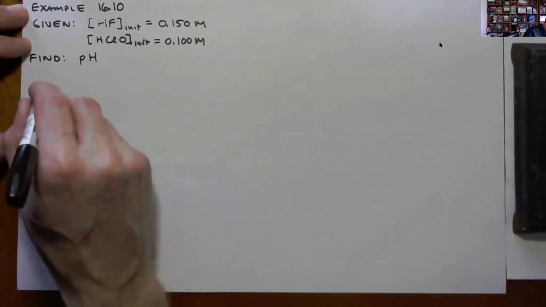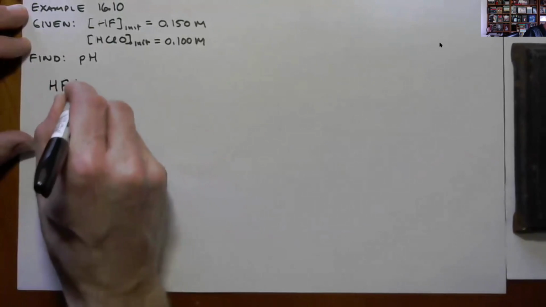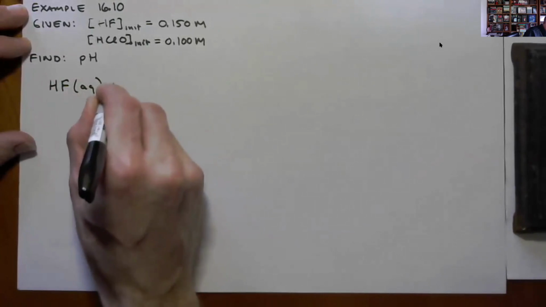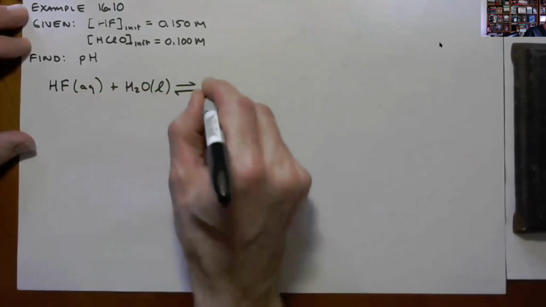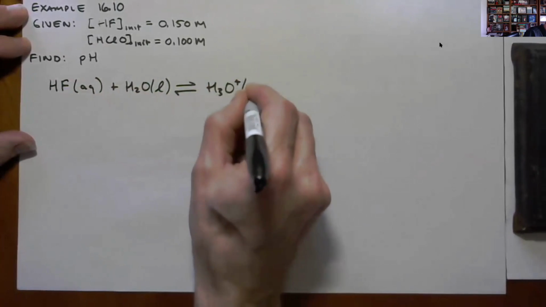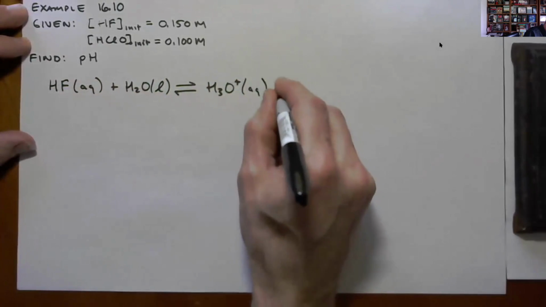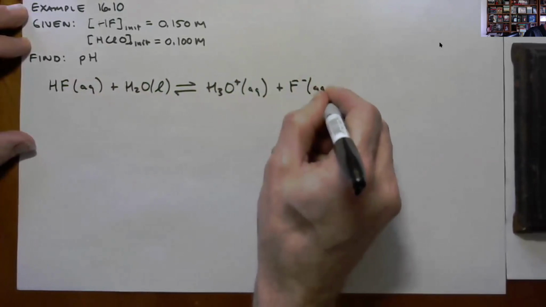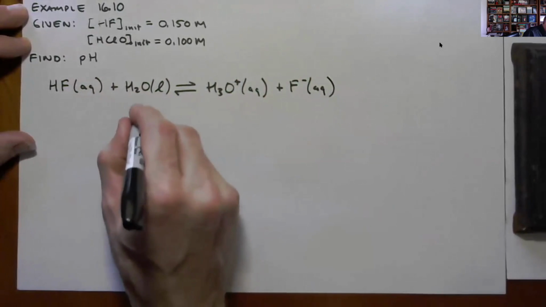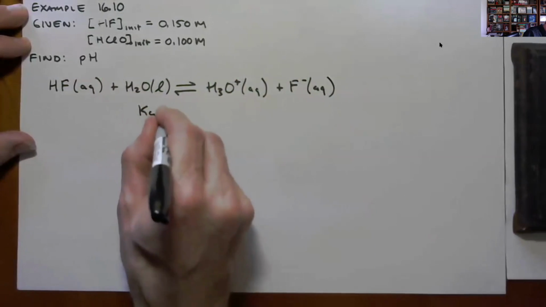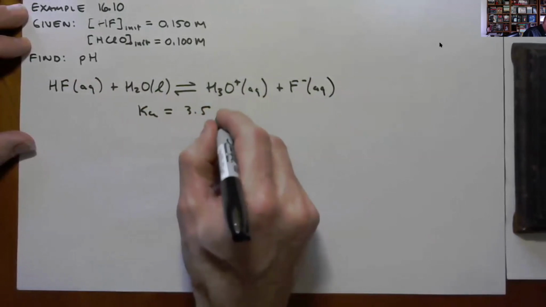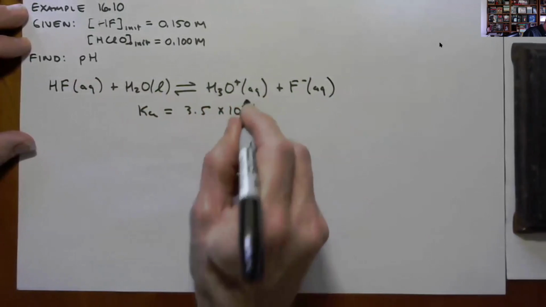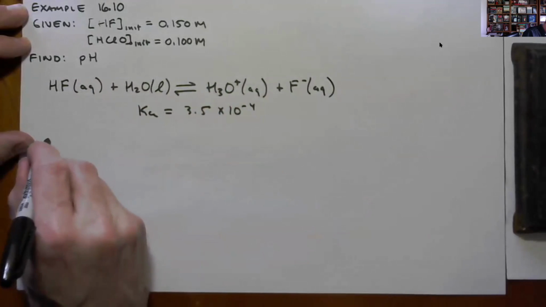Okay, so let's just talk about the chemistry here at play. So we have this equilibrium reaction occurring. We also have another equilibrium reaction occurring.